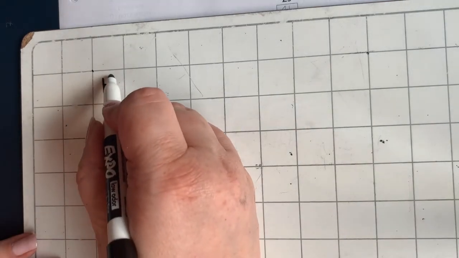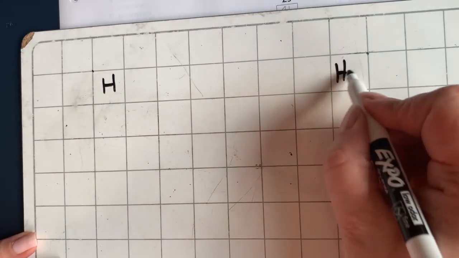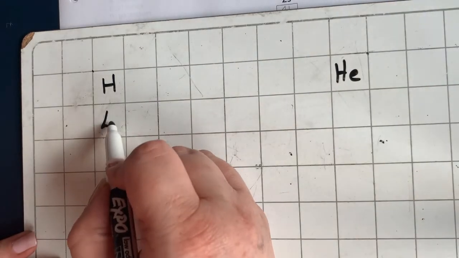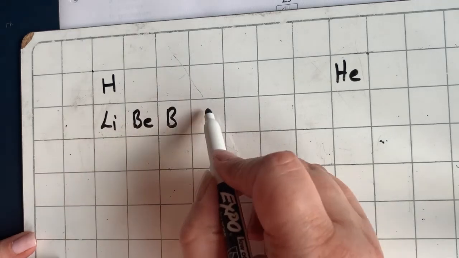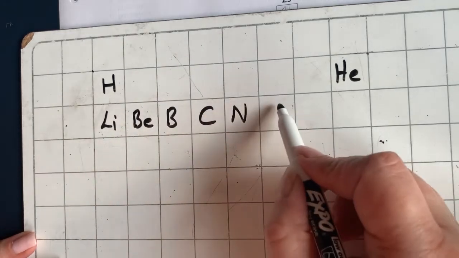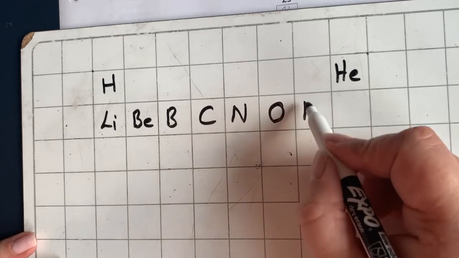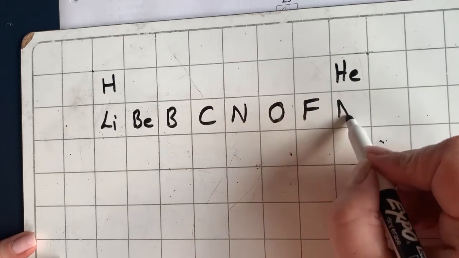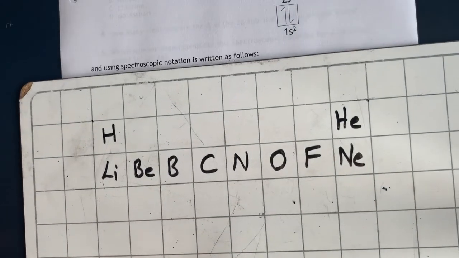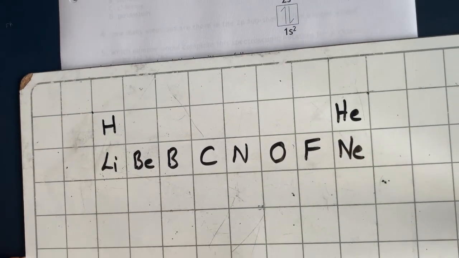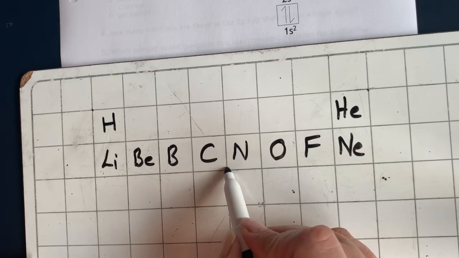If you look at the periodic table, we have hydrogen, helium, lithium, beryllium, boron, carbon, nitrogen, oxygen, fluorine, and neon, and we have a look at nitrogen.